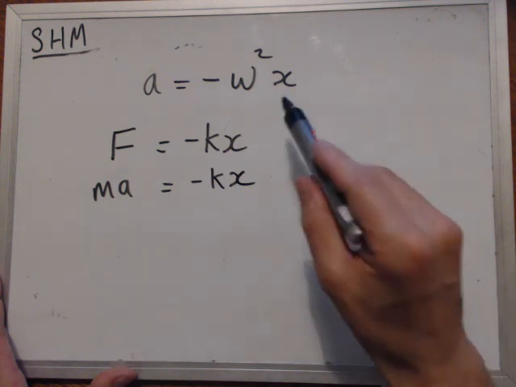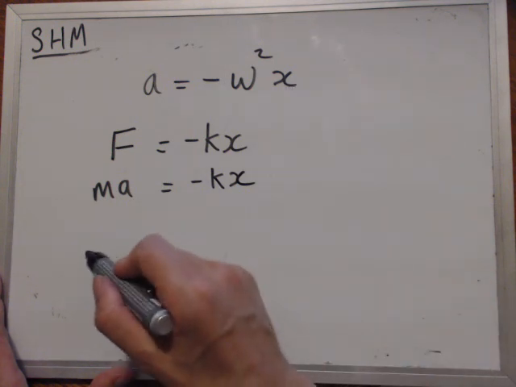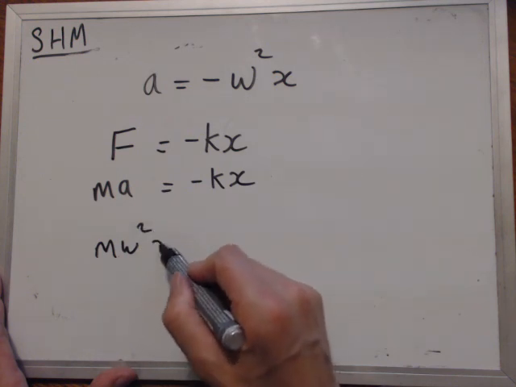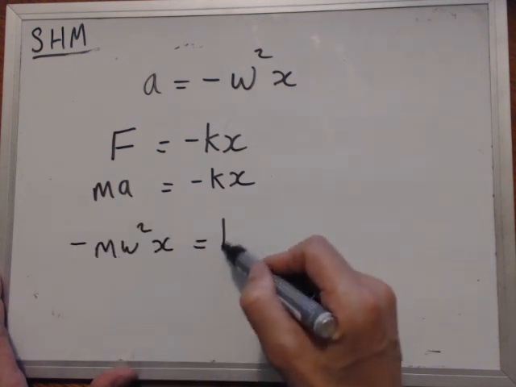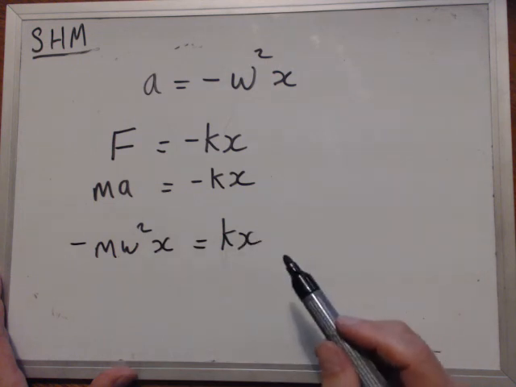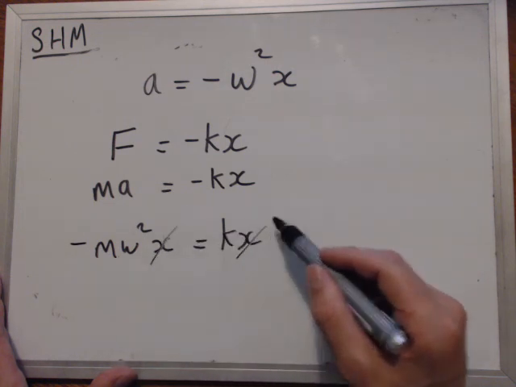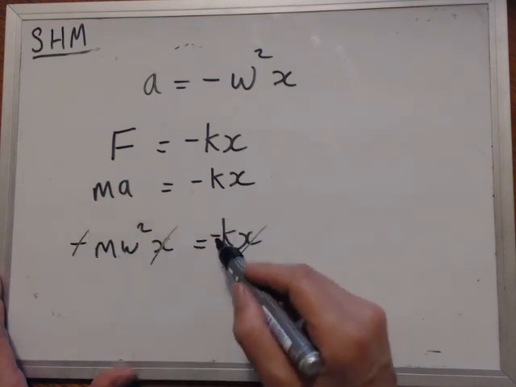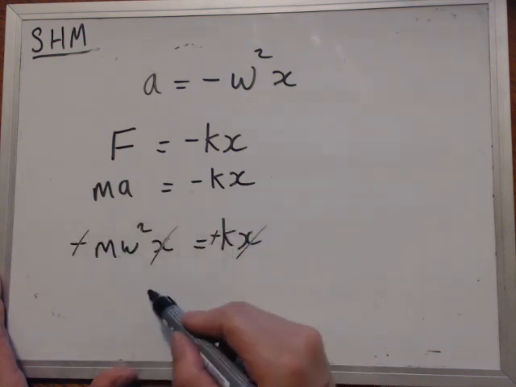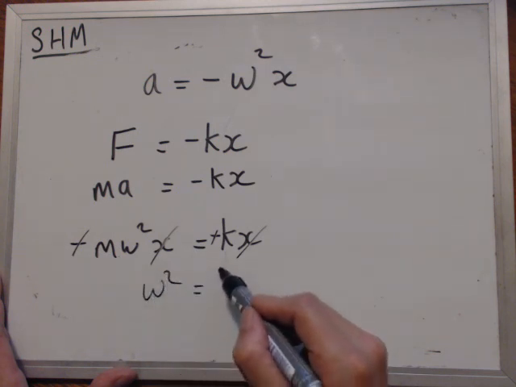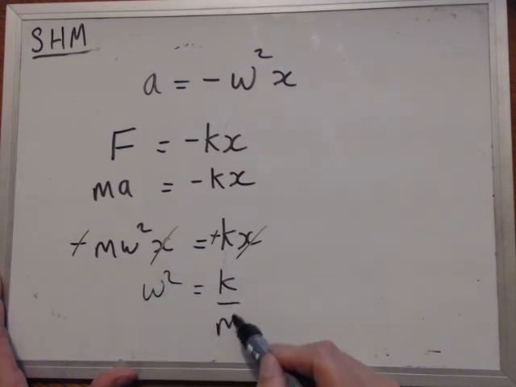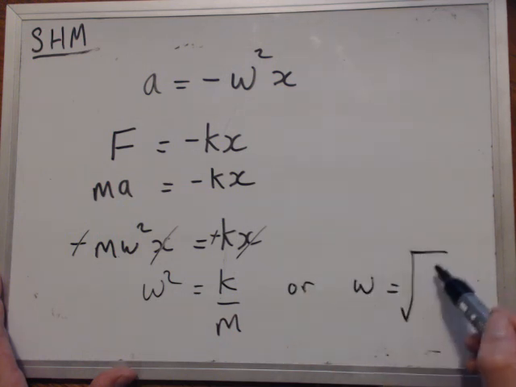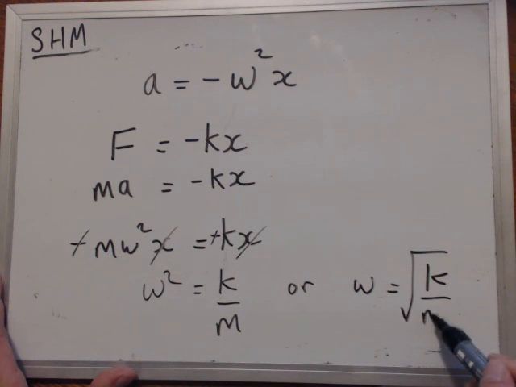Now, of course, the acceleration equals minus omega squared x, so we can write that as m omega squared x equals kx with the minuses on both sides, and we find that x will cancel. In fact, the minuses cancel as well, to give us the very useful relationship that omega squared is equal to k over m, or omega is equal to the square root of k over m.